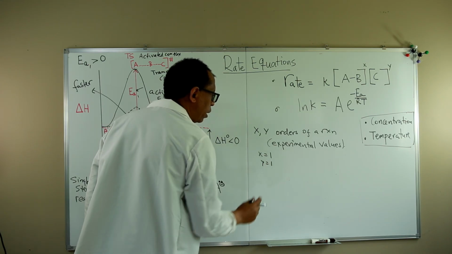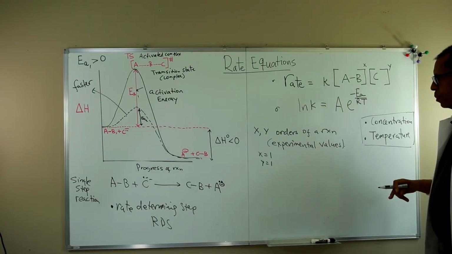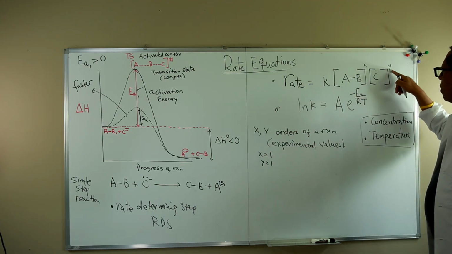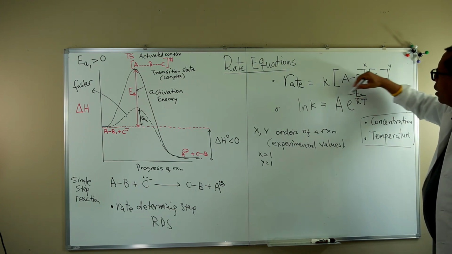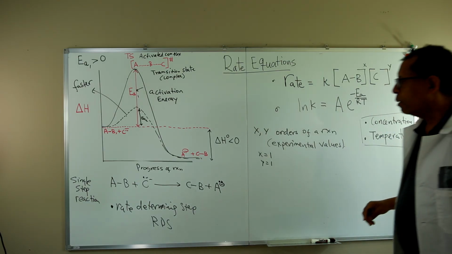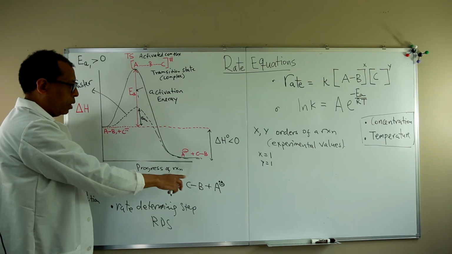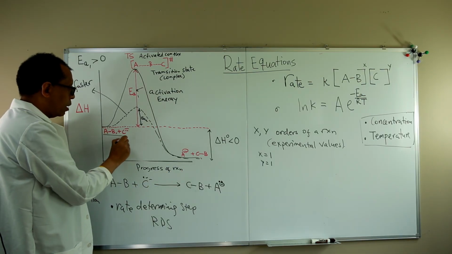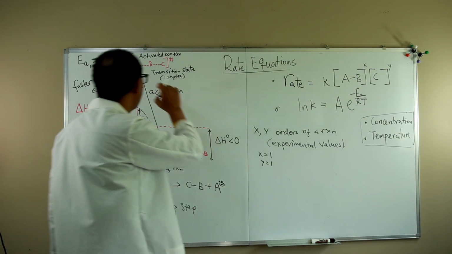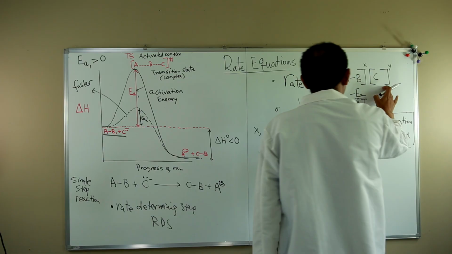So the rate depends equally on the concentrations of AB and C. Now, if the order of the reaction is 0 for C, that means the rate depends only on the concentration of AB. For example, in a single step reaction, the concentrations of all the reactants are important in the rate determining step because they are involved in it. So their concentration is implicated.